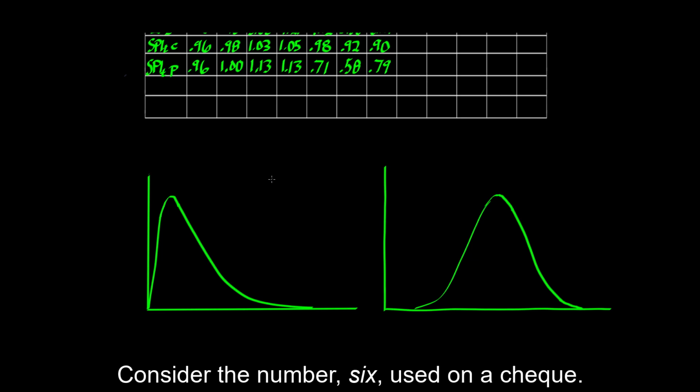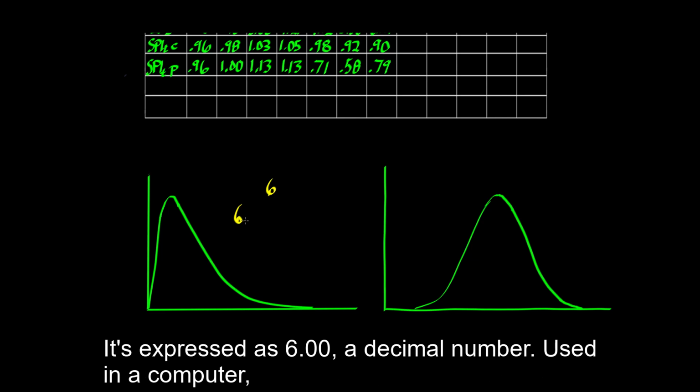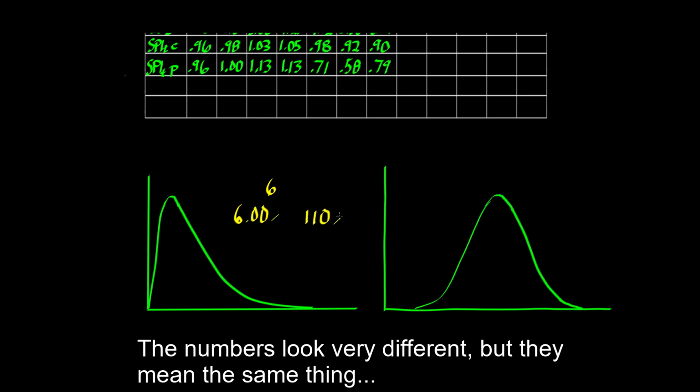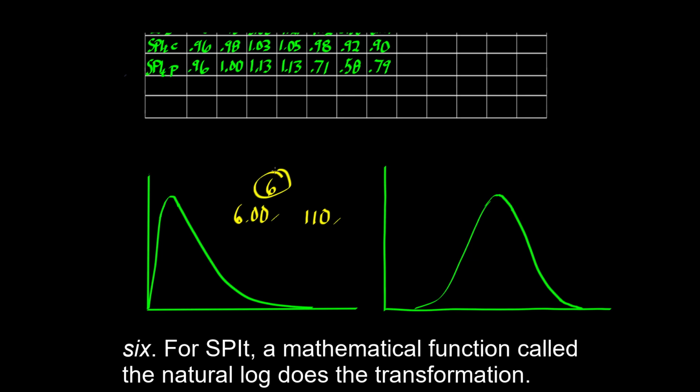Consider the number 6. Used on a check, it's expressed as 6.00, a decimal number. Used in a computer, it's transformed into 110, a binary number. The numbers look very different, but they mean the same thing, 6.